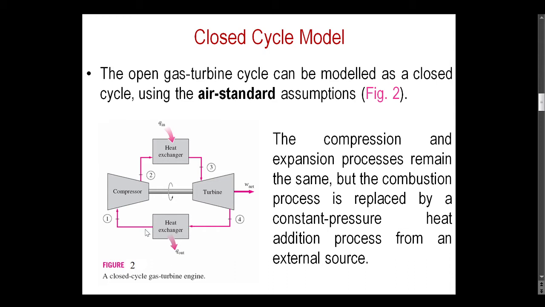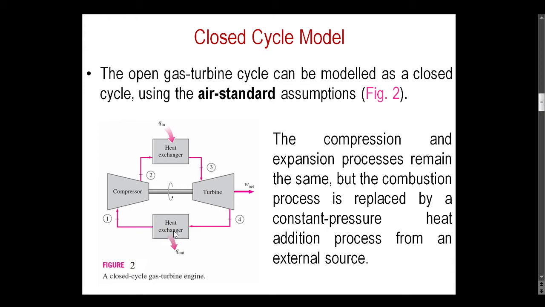Here the working fluid is circulated through the different components of the closed cycle gas turbine power plant, like compressor, heat exchanger, turbine, and another heat exchanger. The compressor and turbine have the same function as in the open cycle. In the open cycle the combustion chamber was used; now it is a heat exchanger, wherein heat is supplied externally to the working fluid.